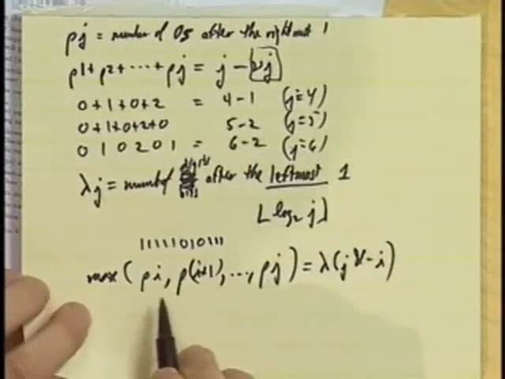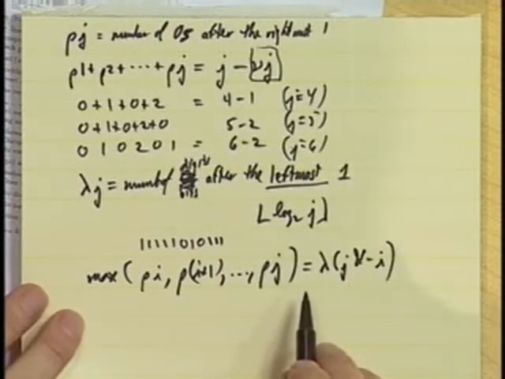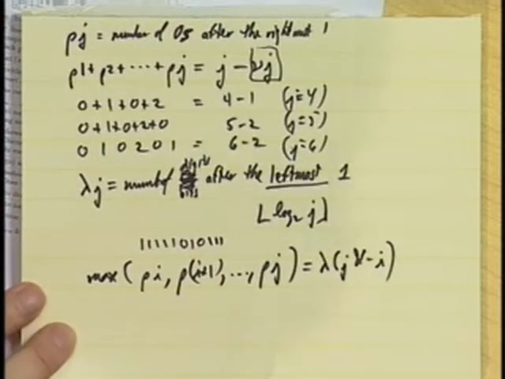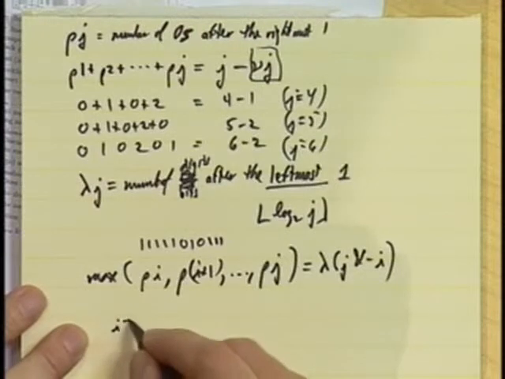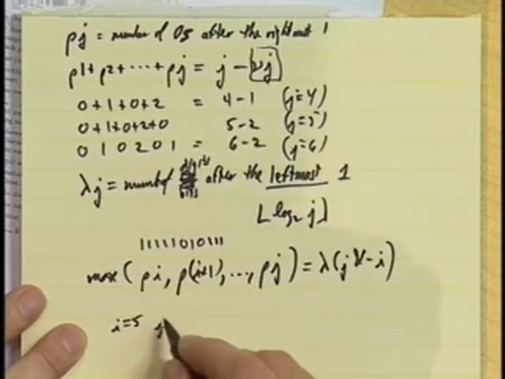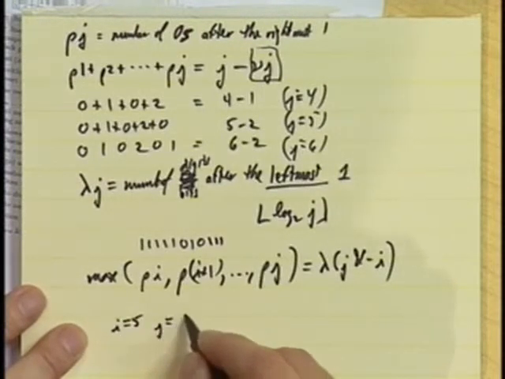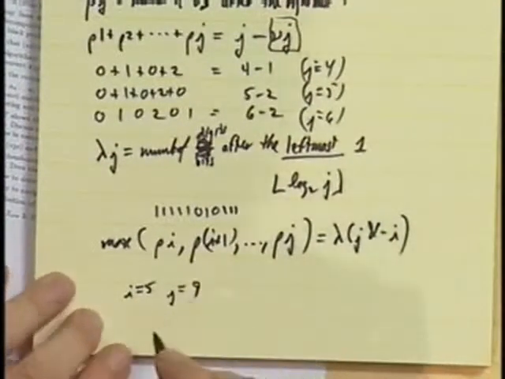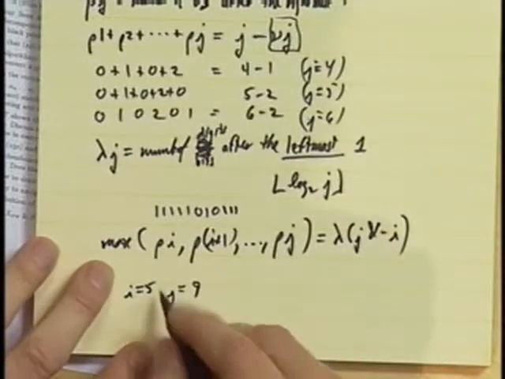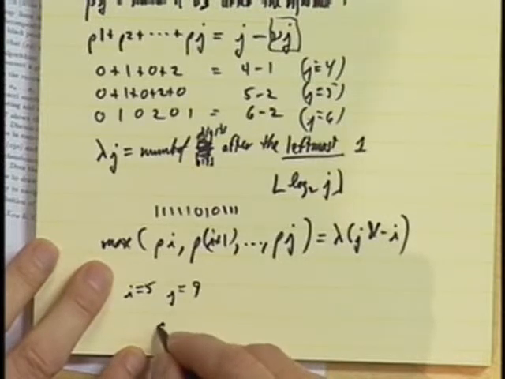So somebody give me an I and j and let's try to understand why this is true. So I don't know, take I equals 5 and j equals 9, let's say, okay? So rho of 5 is 0.